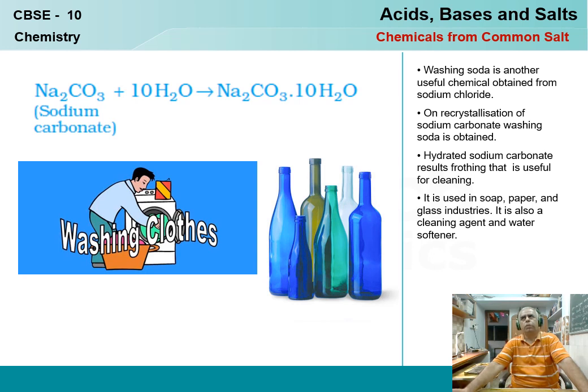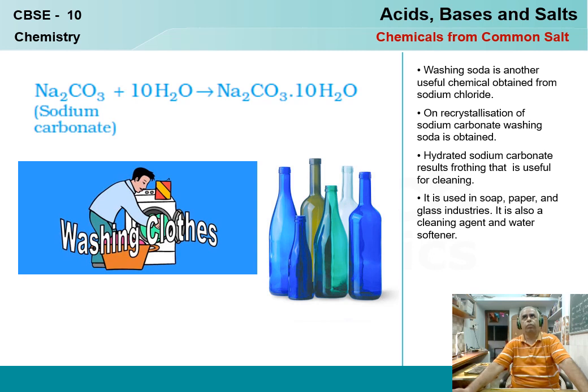So this washing soda, that is hydrated sodium carbonate, gives very good frothing. Frothing means foaming action, so this is useful for cleaning clothes. It is used in soap, then paper and glass industries also.